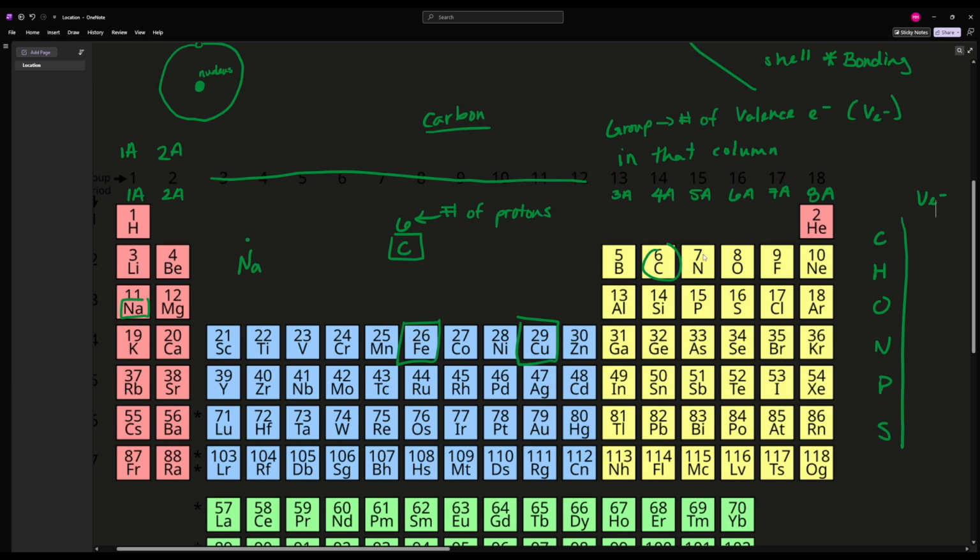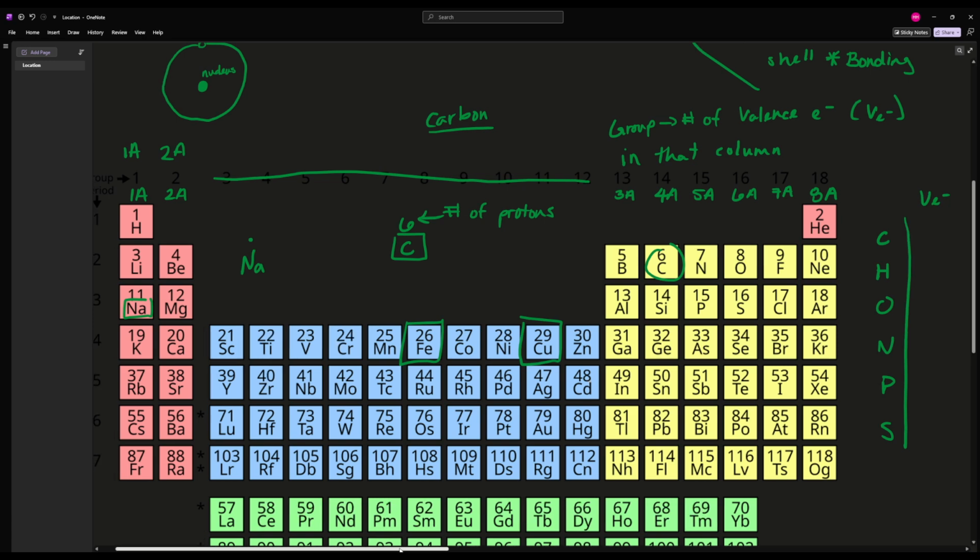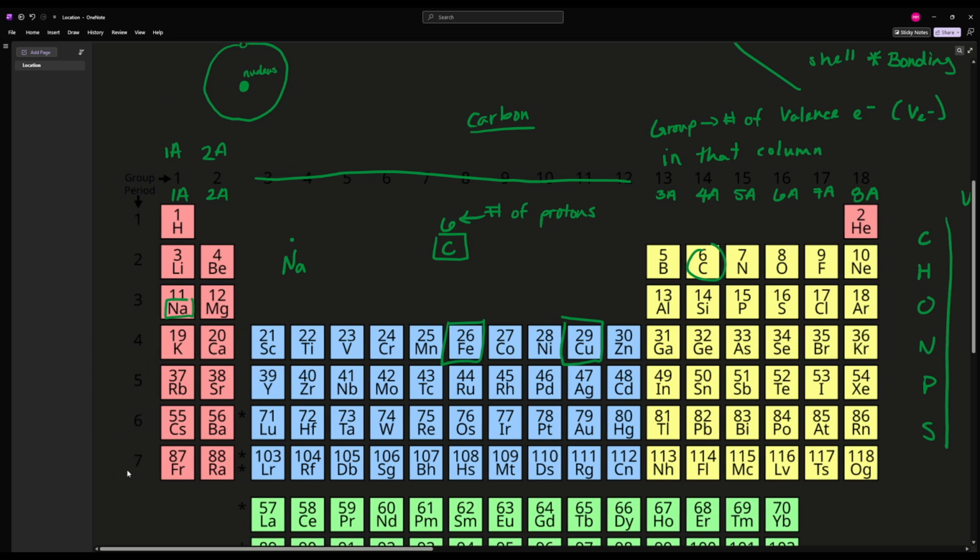However, not all of these are valence electrons. We are only looking for the outermost shell. So what we do is we look for the period number, and we want to find the period where that element resides. So carbon sits in the second period, so we will be counting only the second period electrons to determine the valence electrons.